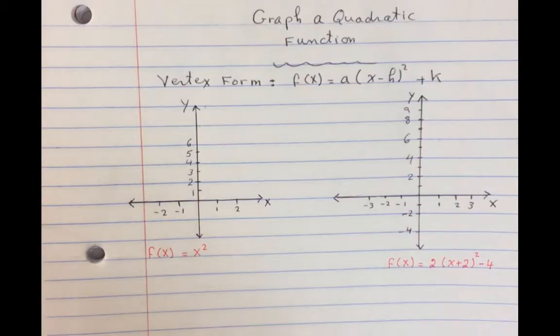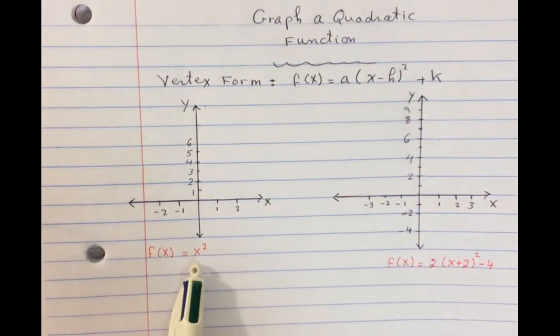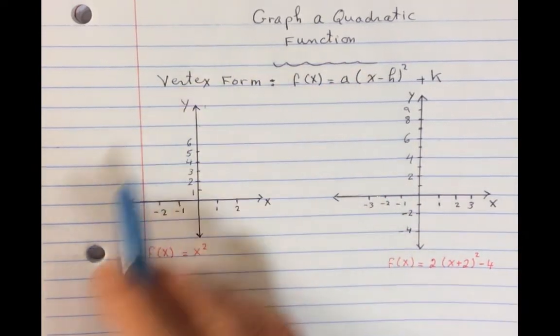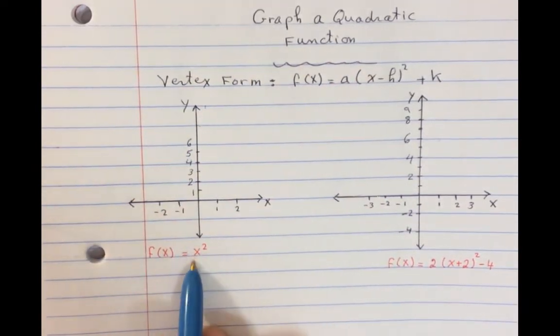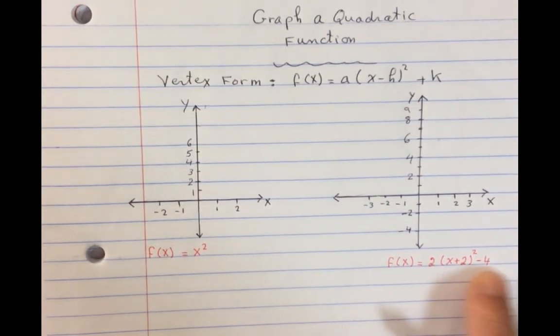Okay, guys? Okay, now we want to learn how to graph a quadratic function. A quadratic function is when it has x to the second power. The simplest quadratic function is f of x equals x squared. So this is the parent function for the quadratic function, the simplest one. From this one, we can go to something more complicated, like this.